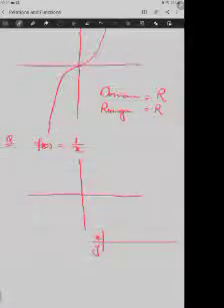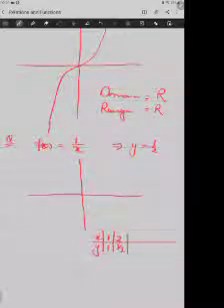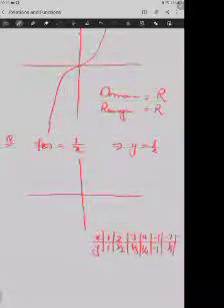See, if x is 1, then y will also be 1. If x is 2, y will be 1 upon 2. y is f(x). 3, then 1 upon 3. One more. 4, then 1 by 4. Now going towards the negative side. Minus 1, then minus 1. Minus 2, then minus 1 by 2. Minus 3, then minus 1 upon 3.